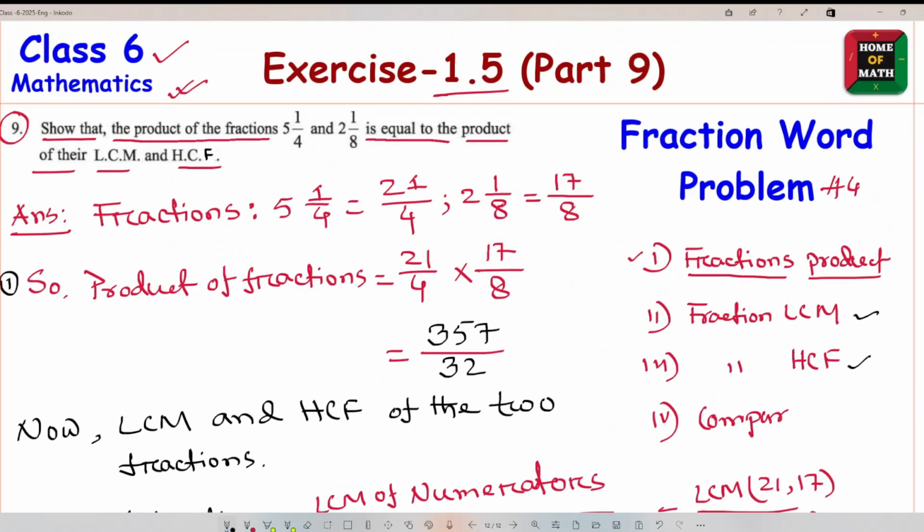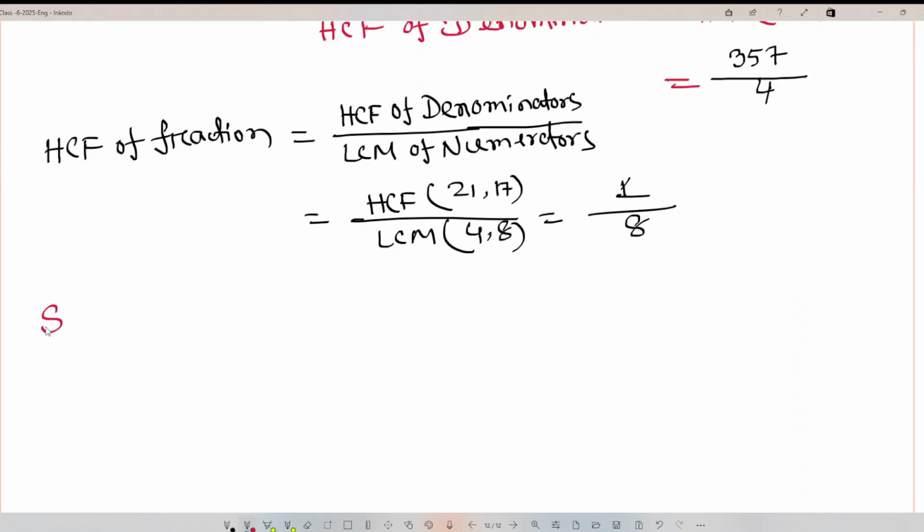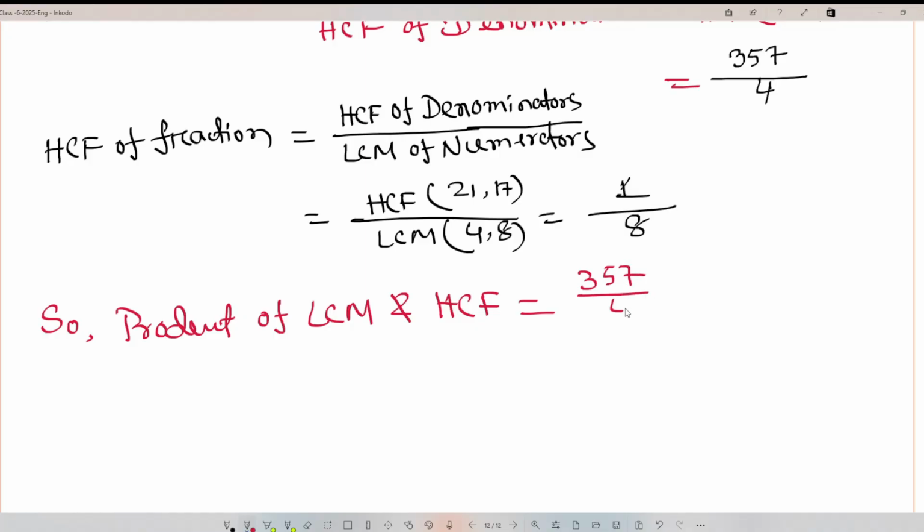Now we come back to our question, where it is mentioned equal to the product of LCM and HCF. So the product of LCM and HCF equals 357/4 times 1/8, so our answer is 357/32.